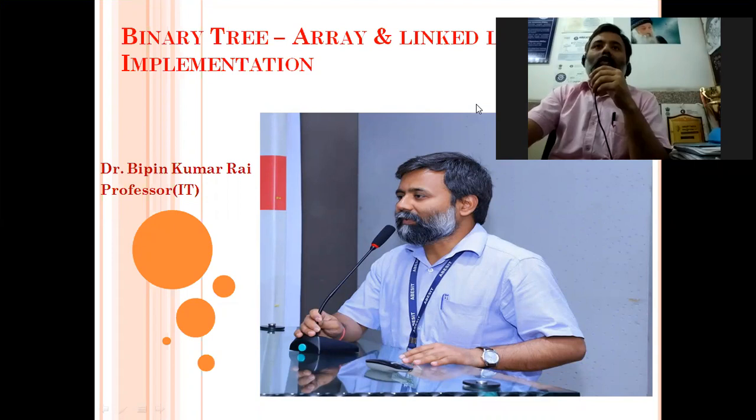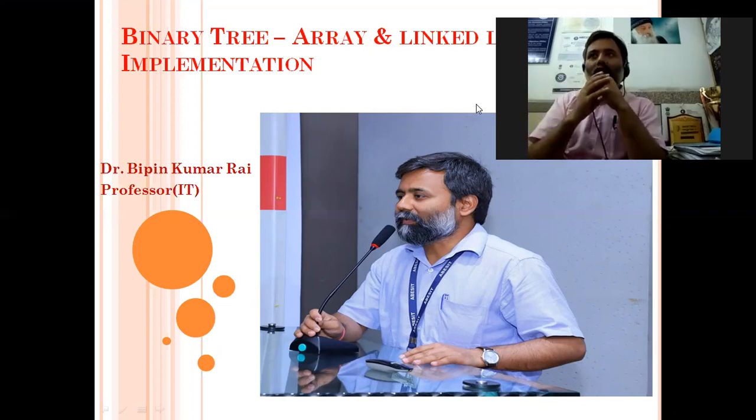Just like in the last lecture, I talked about the binary tree and its definition: each binary tree will have a root, a left subtree and a right subtree, and the left subtree and right subtree can be empty also.